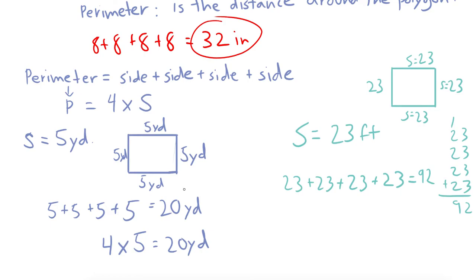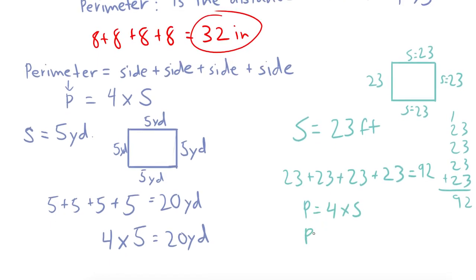Or I can plug it into my formula here. P equals 4 times S, and then S equals 23. So that means the perimeter equals 92. Okay, I can use either method here. All right, so not too difficult, right?